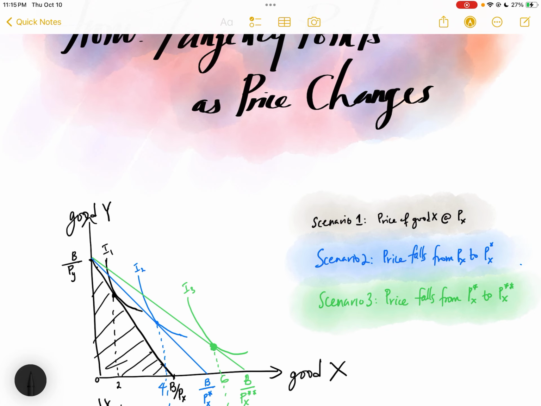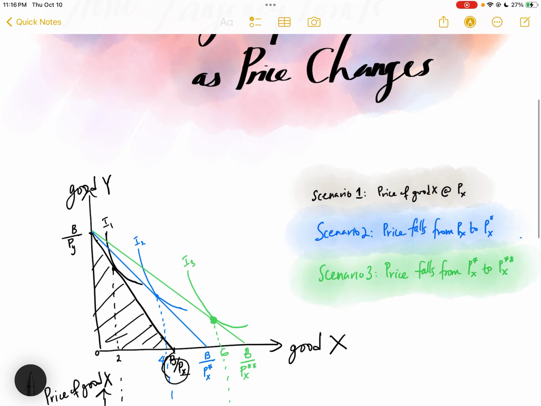So, well, there we have it. Now, there is a tangency point right up here. I'll come back to that tangency point, but I just want to go through the three scenarios.